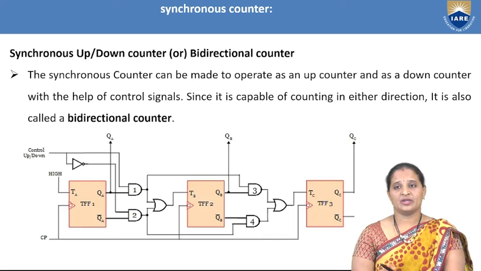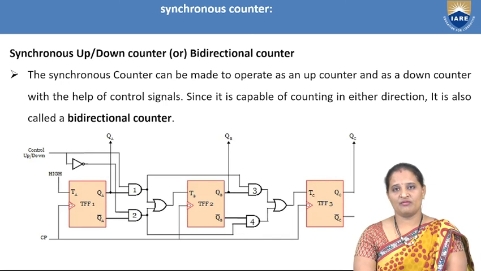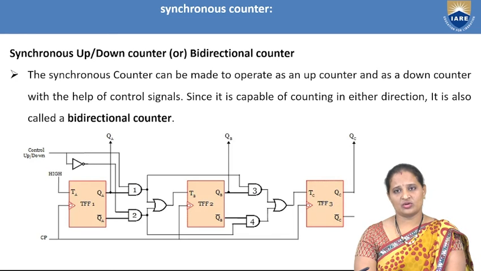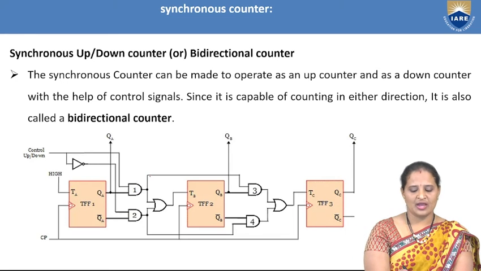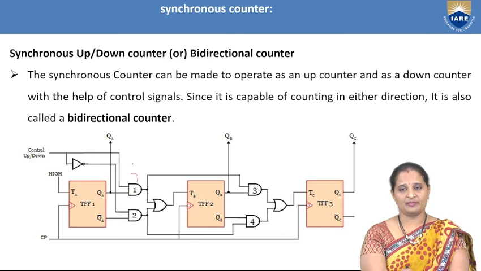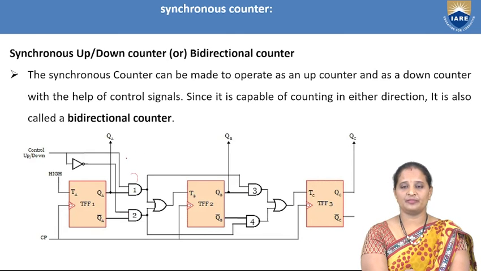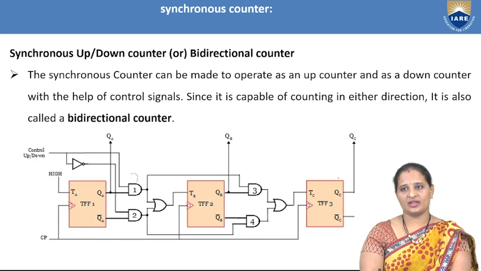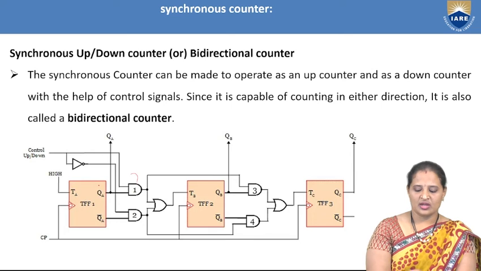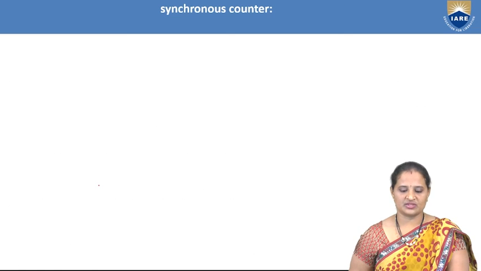Now this is the circuit diagram of the synchronous up-down counter. Similar to the asynchronous up-down counter, we have AND-OR logic here, and also a control input, the up-down control input, based on which it can operate in the incremental or the decremental order. Now let us see the operation of this one.